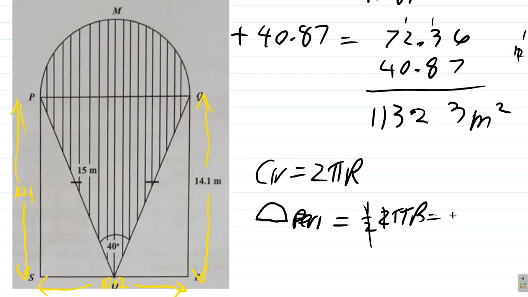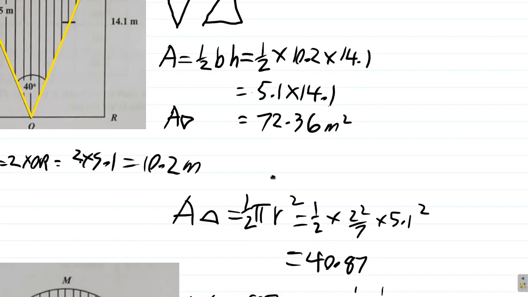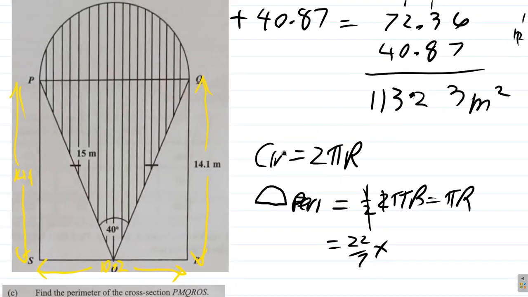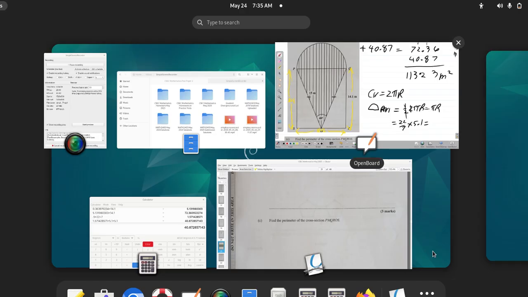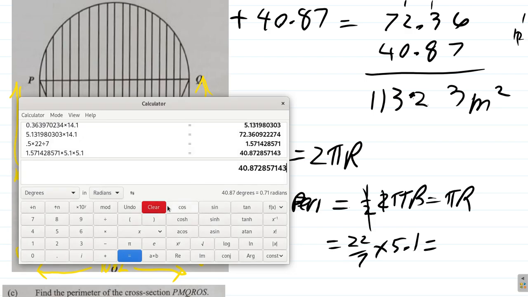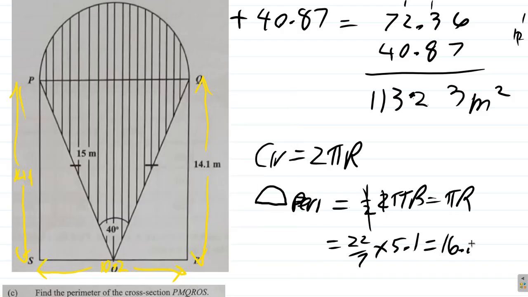Half times 2 is 1, so it's just pi r, which is 22 over 7 times the radius, which was 5.1. So 22 over 7 times 5.1 equals 16.029.